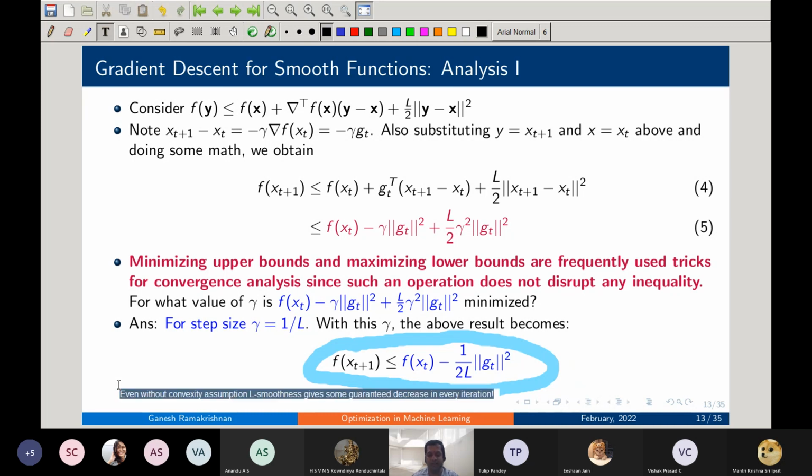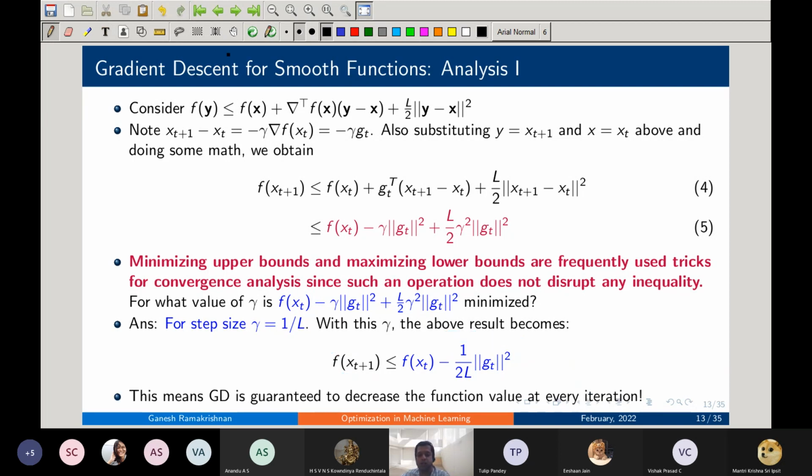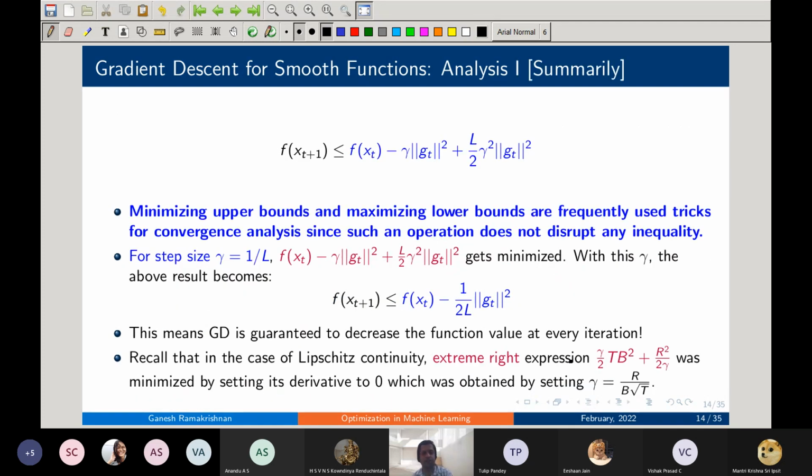So this should be very exciting. I'm adding this note here: without even a convexity assumption. But now if you bring in the convexity assumption, maybe we can show something more. So what would be the next step? Well, we haven't used convexity, I'm almost overemphasizing that part. That's what we'll do next.